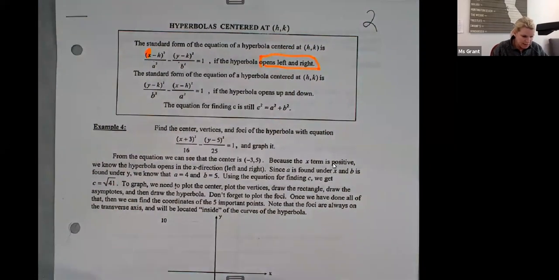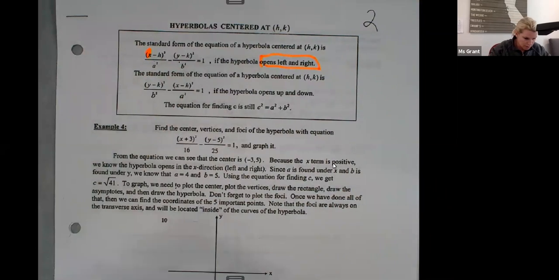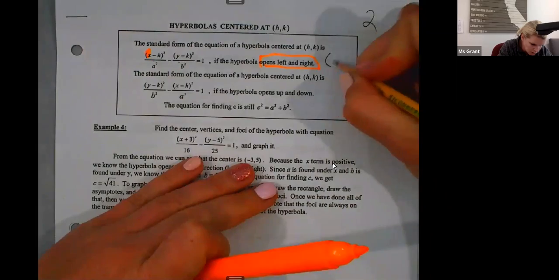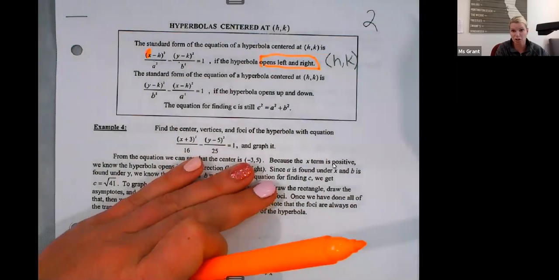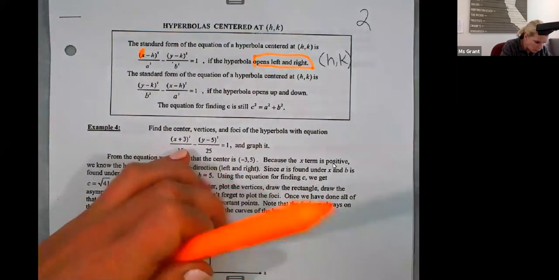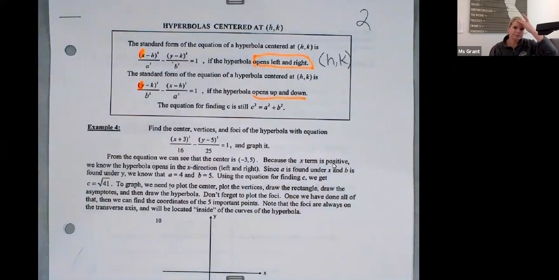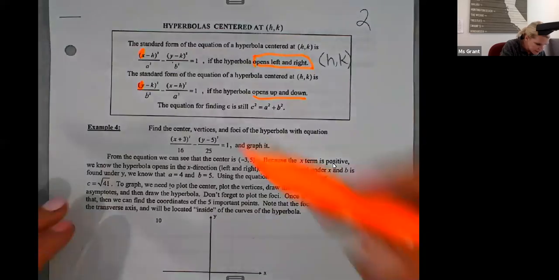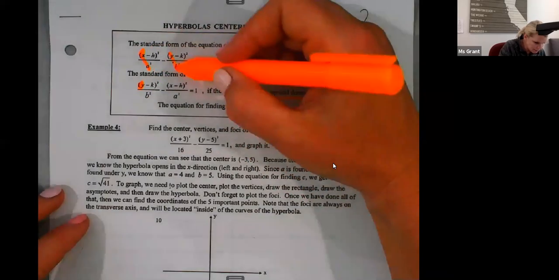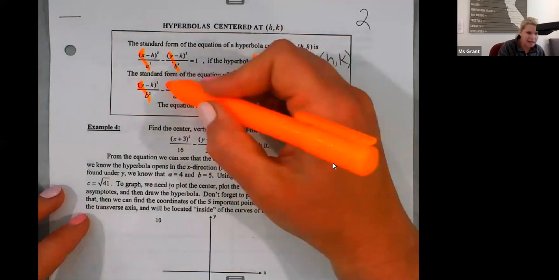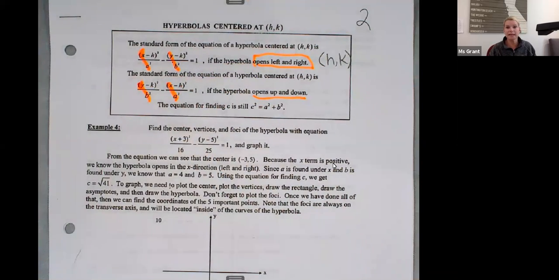My h and my k are going to be the opposite sign. So then my (h, k) is my center. If a y squared leads, that means I'm going to have it opening up and down. As before, the x and the a match, the y and the b match. So that's all still the same, okay?